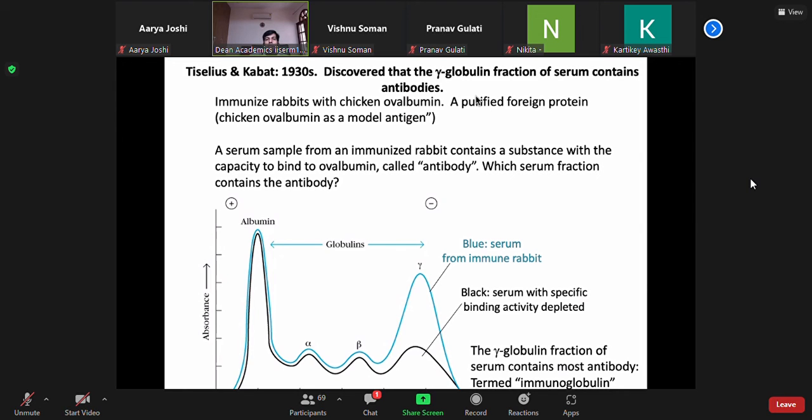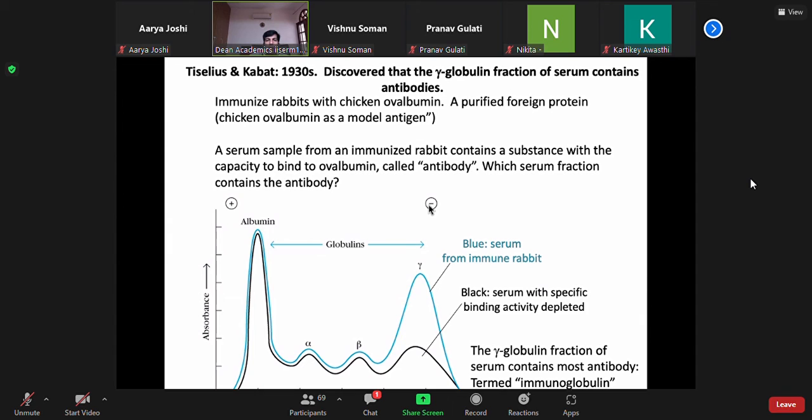What they showed was that in serum you have a fraction which they defined as gamma globulin, and that gamma globulin region is rich in antibodies. There were different types of globulins, alpha, beta, and gamma. They were defined based on where they would migrate when you apply electric current.